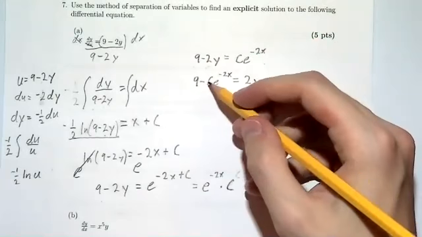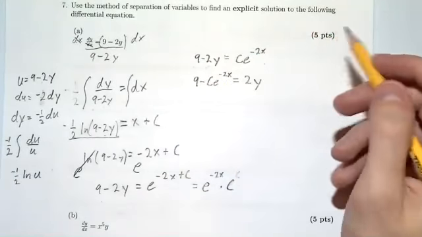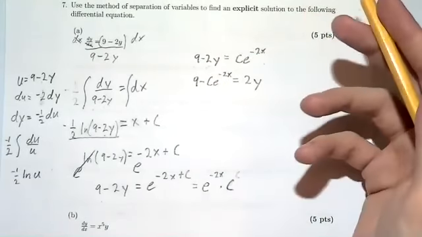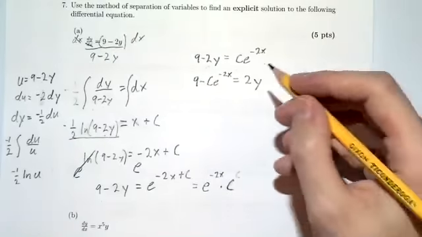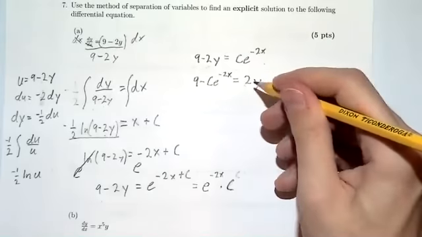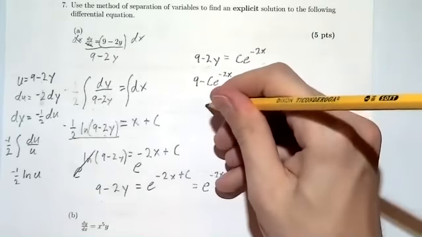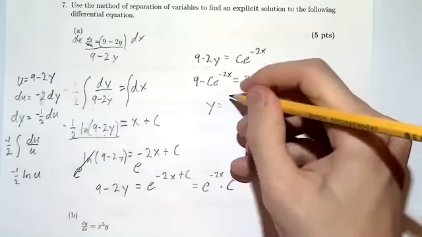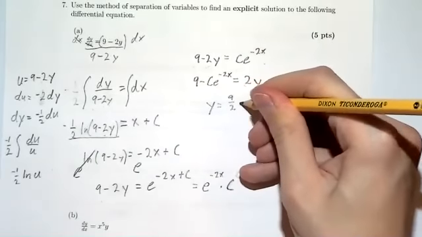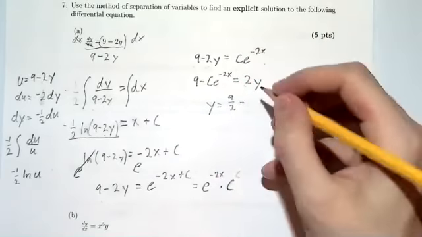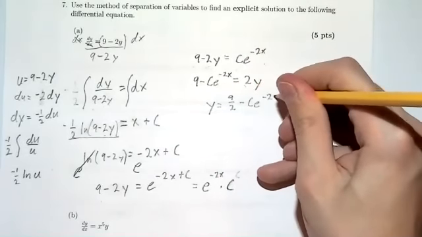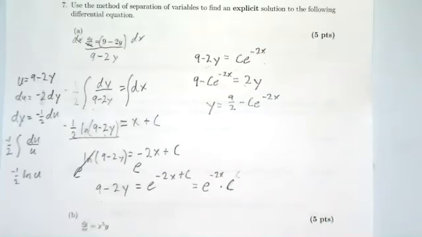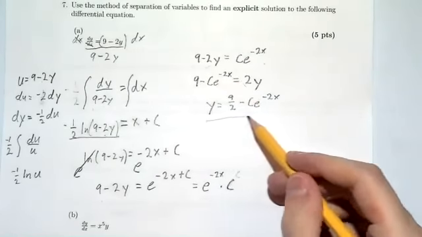And now you can either keep the negative or make it positive. I don't think you'll get marked wrong either way, because c can be anything. Now we just divide the 2 over and we get y is equal to 9/2 minus, again, c divided by 2 is still c, ce to the -2x. And that would be the final answer right here.